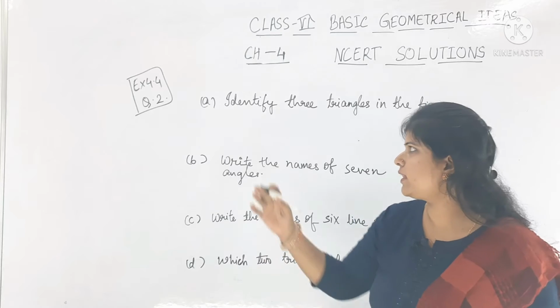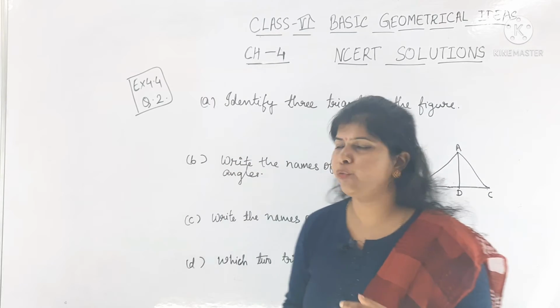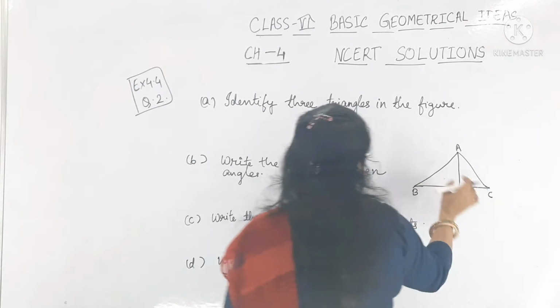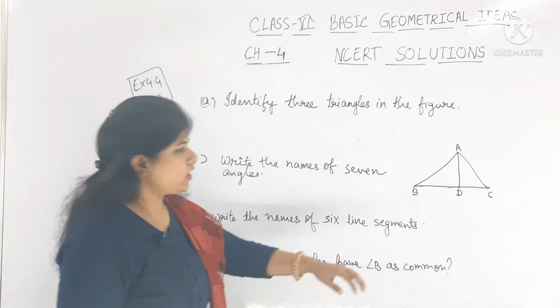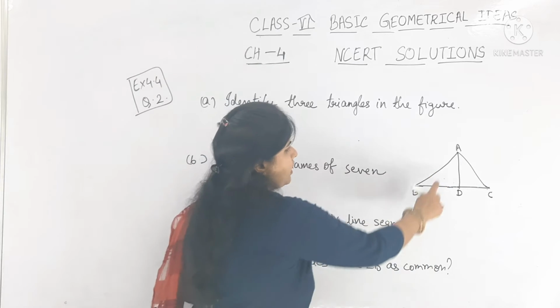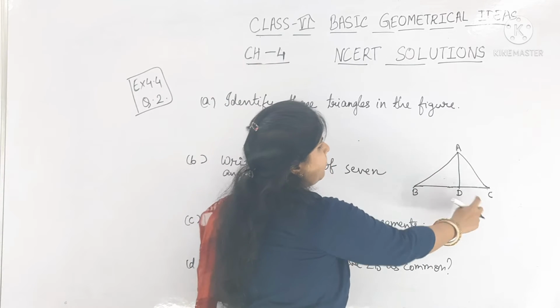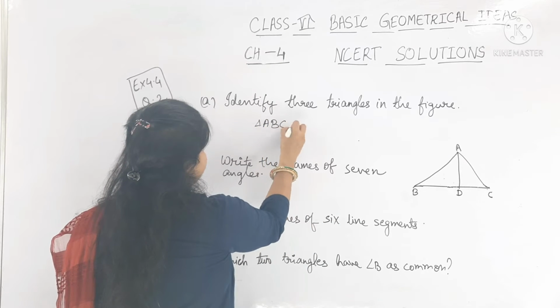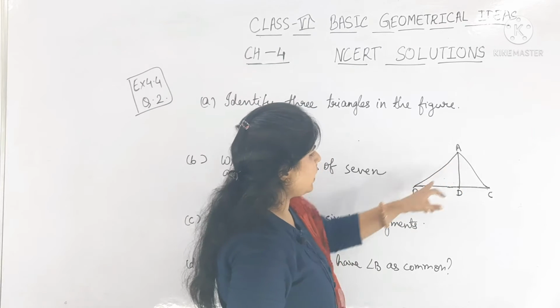Okay students, let's come to the next question, that is question number 2. Here you have to identify 3 triangles in the figure. You have to see this figure. Here you can see this is one triangle. ABC is one triangle. Number second is ABD.